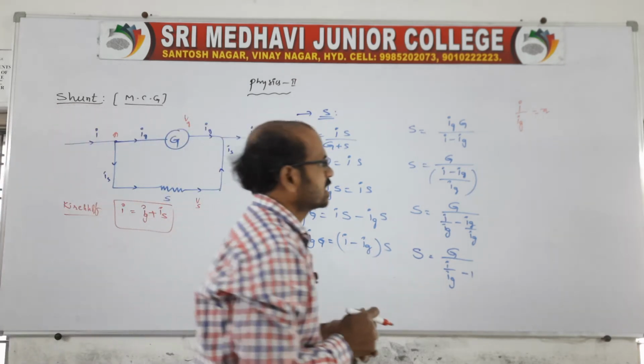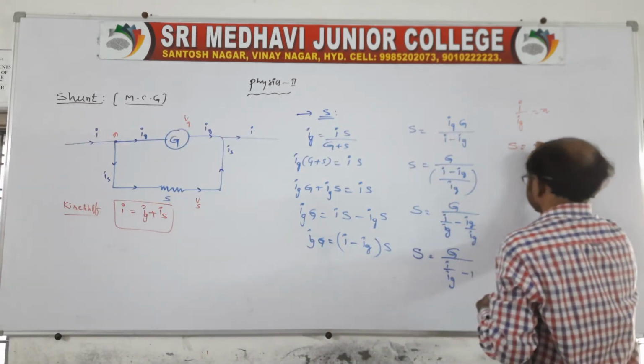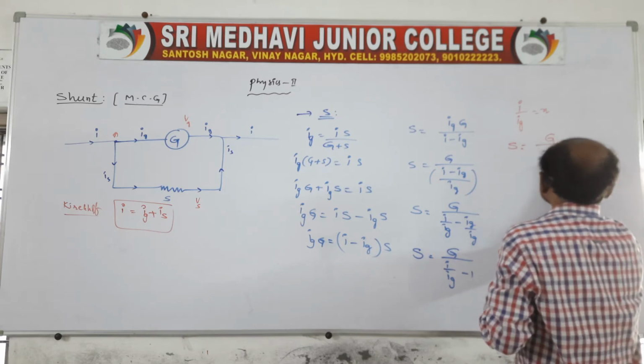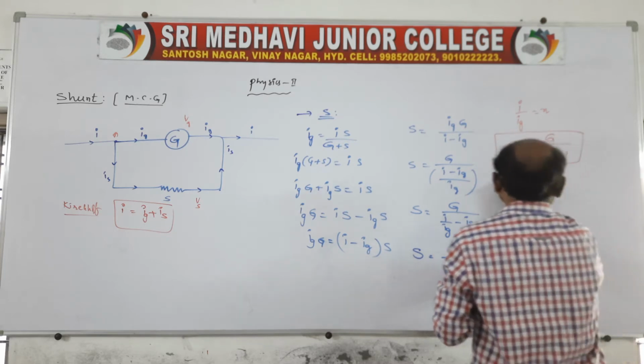The total current I enters at a junction, and it is divided into Ig and Is. Through the galvanometer, out of the total current I, the fraction I by Ig flows. So the shunt resistance is equal to capital G by N minus 1. This is the shunt resistance.